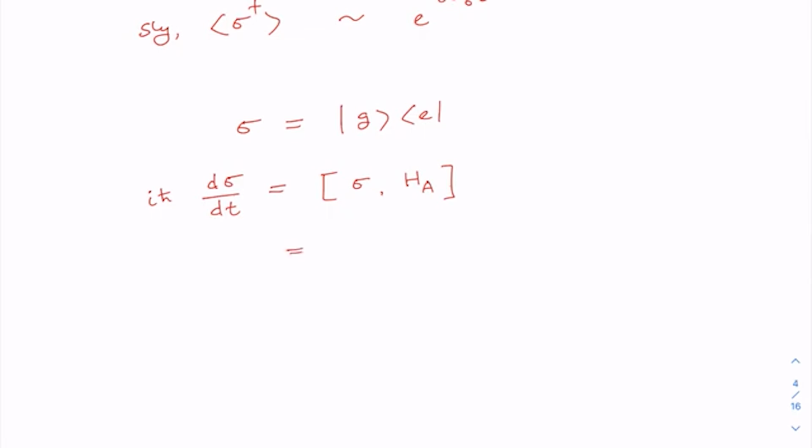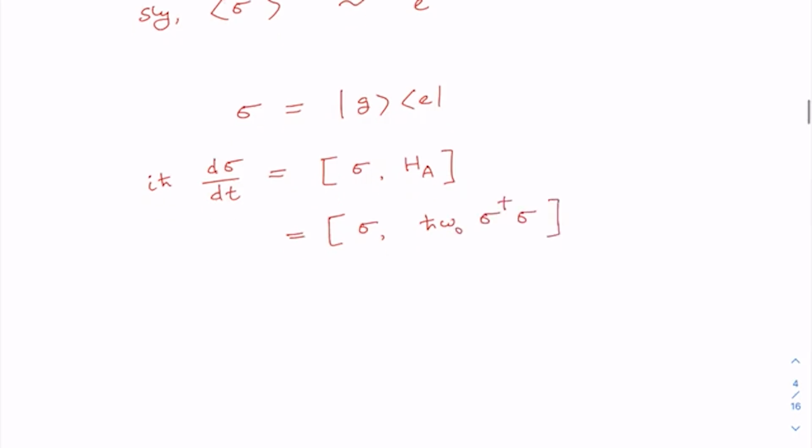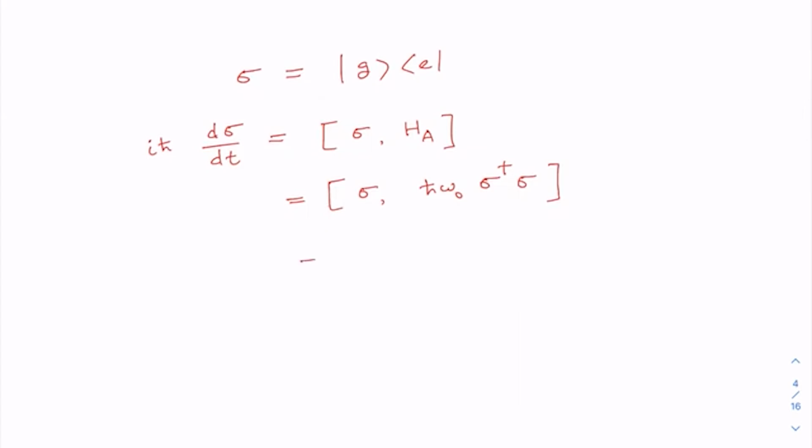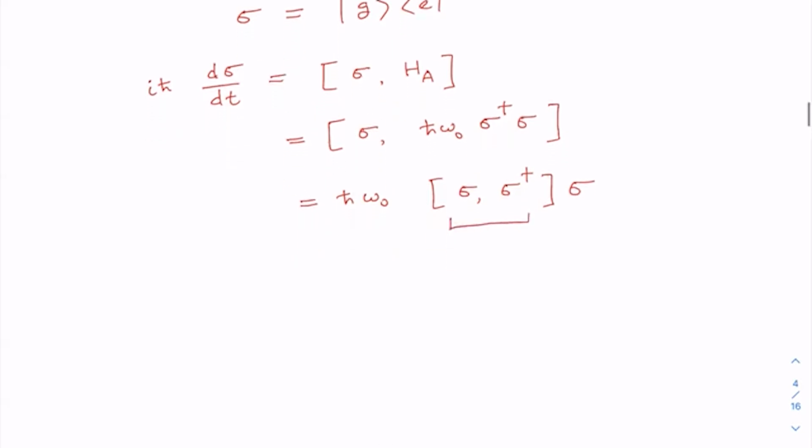Then I have [σ, ħω₀ σ†σ]. This commutation relation can be very easily worked out, and this will give you ħω₀ σ.